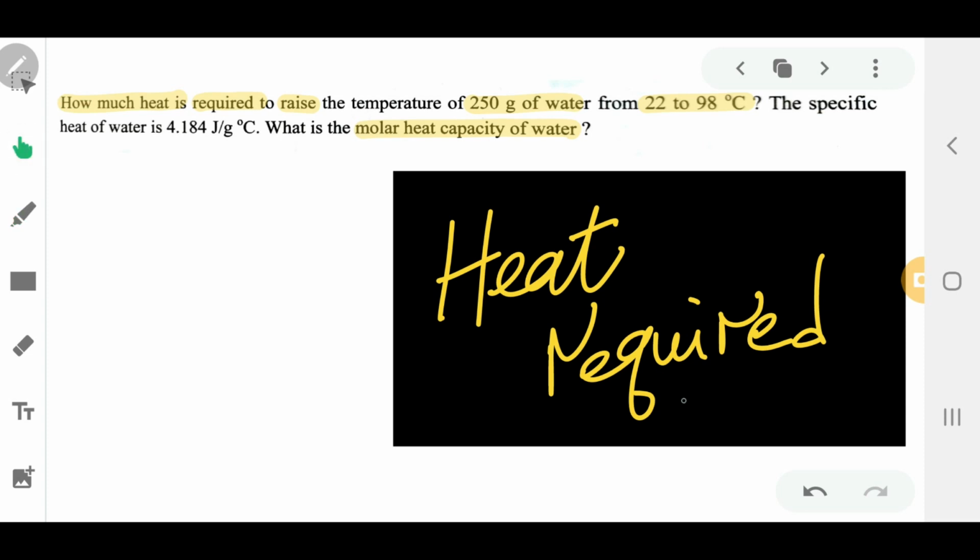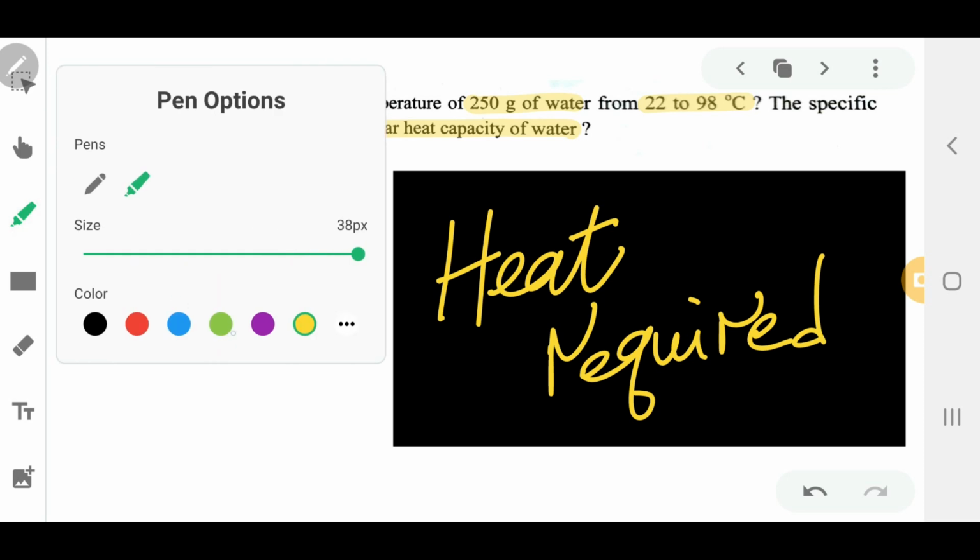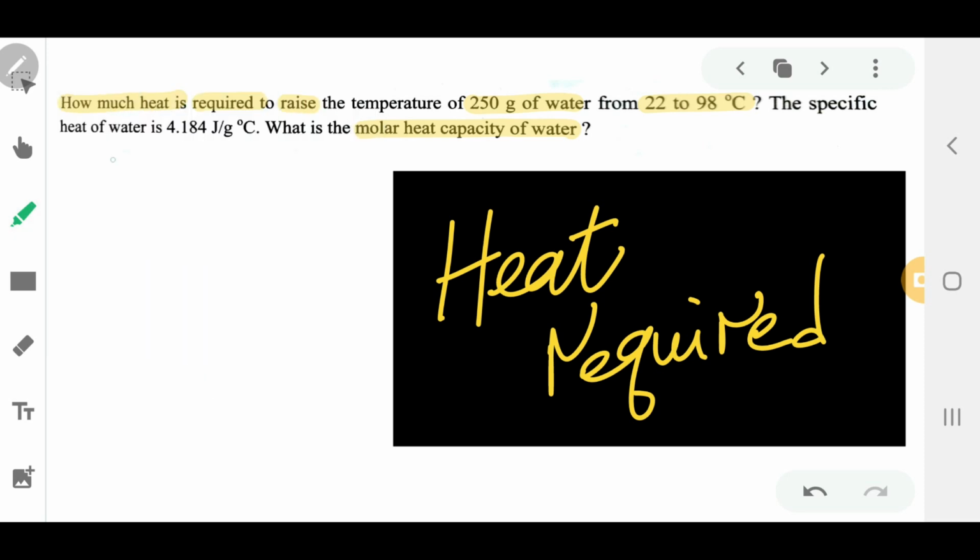So the heat required, how are you going to find that? First of all, you need to think about which Q absorb we need to use. And when I read the question, it only gives specific heat capacity of water.